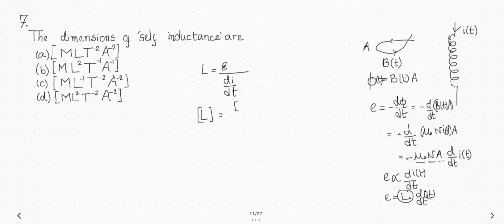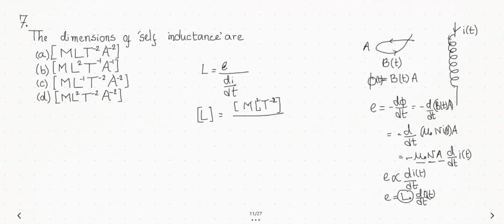L is the length, LT⁻¹ is the velocity, LT⁻² is the acceleration, mass into acceleration is the force, force into displacement, that means L², gives you the work done.